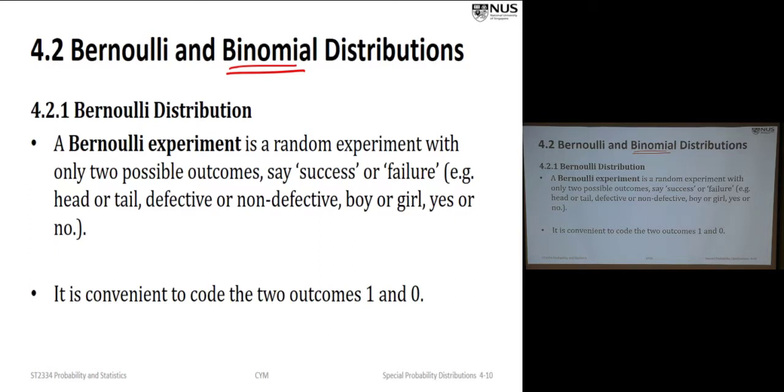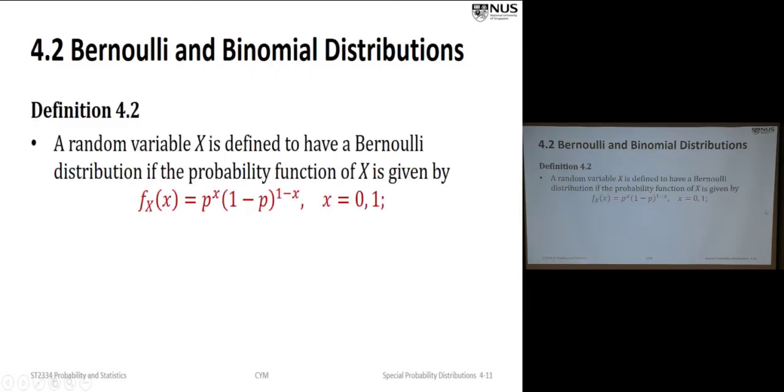Or getting a number less than or equal to 2 as a success, and those above 2 as a failure. So it depends on how you define your success. Naturally, it's easier to just define 1 for success and 0 for failure. We just recode it.